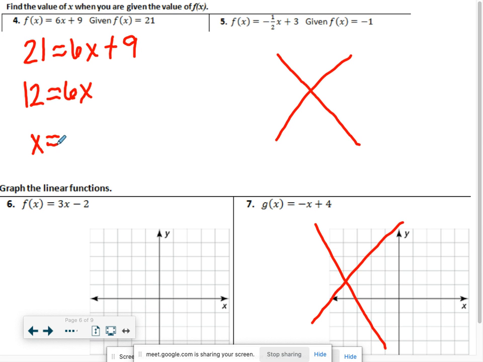What do you guys get for x? 2. That's what I got. Good job.